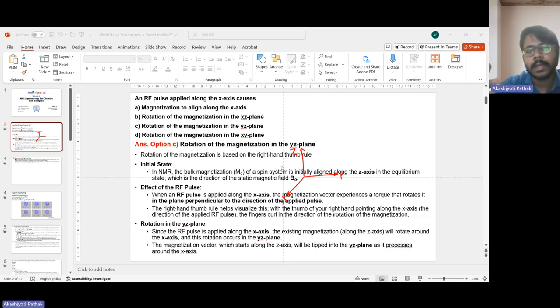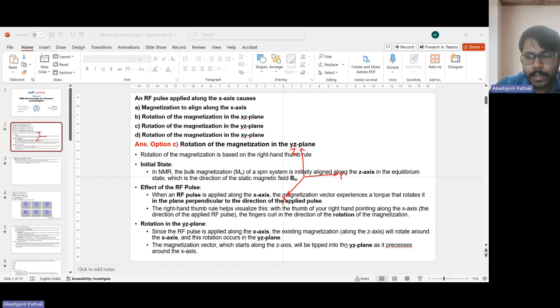Then this is the RF pulse. The RF pulse is applied along the x-axis, and this is my z-axis, the axis along which my bulk magnetization is oriented. So it will be in the XY plane. Okay, so there is some mistake here.